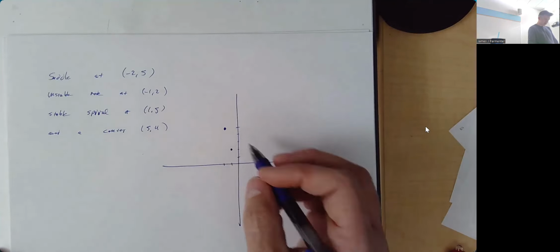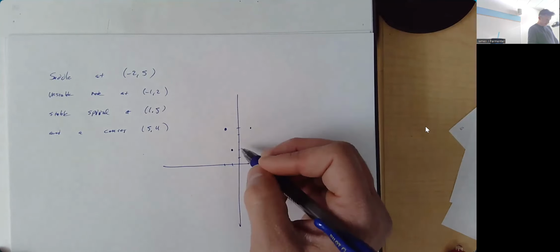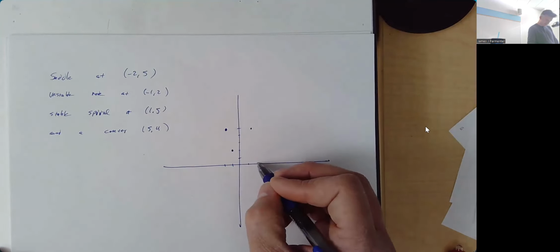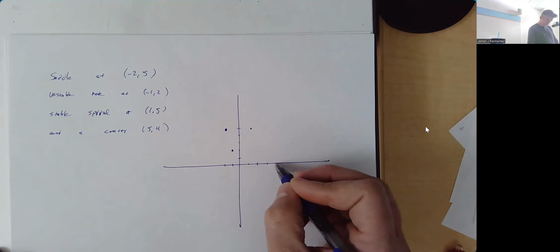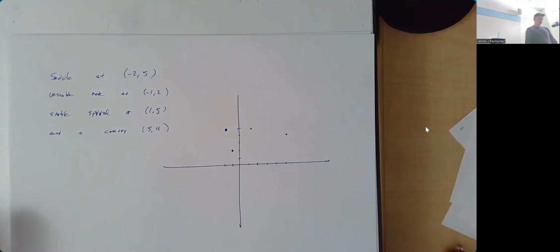I have a stable spiral at 1, 5. Well, things are really close together here. And a center at 5, 4. All right. Good times. Yeah, how are you supposed to do this without more information?